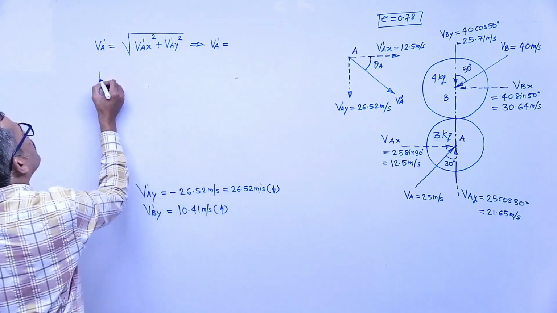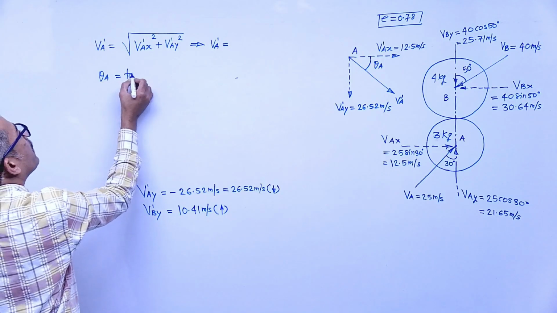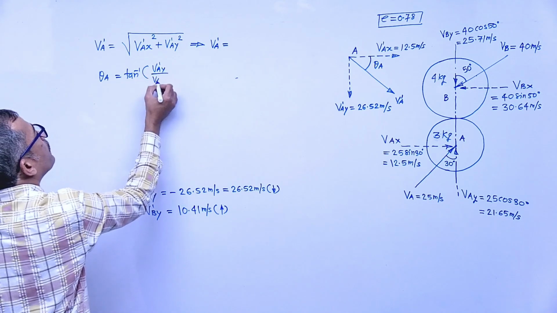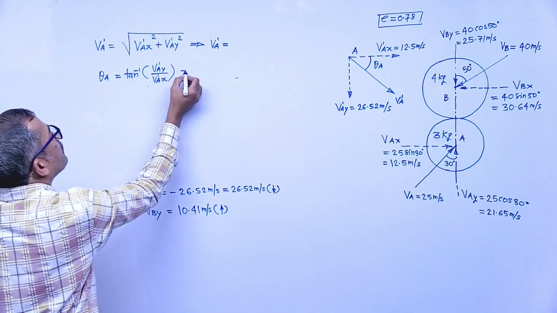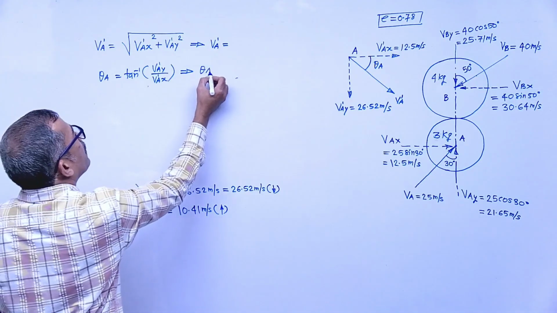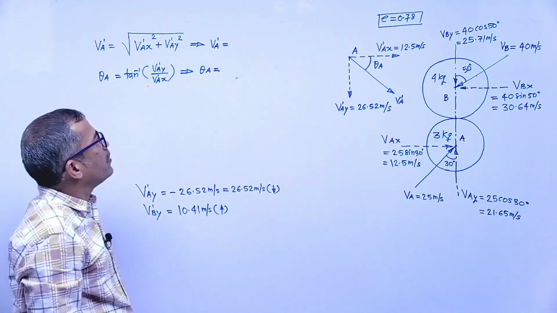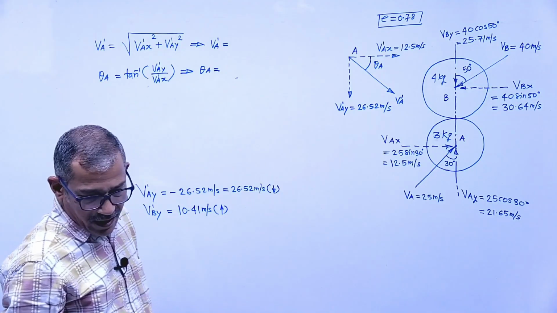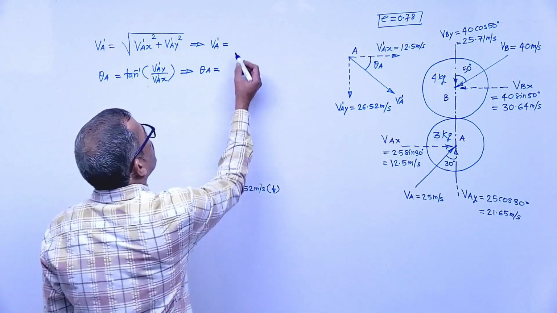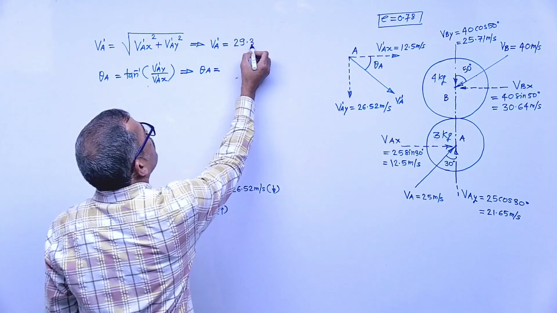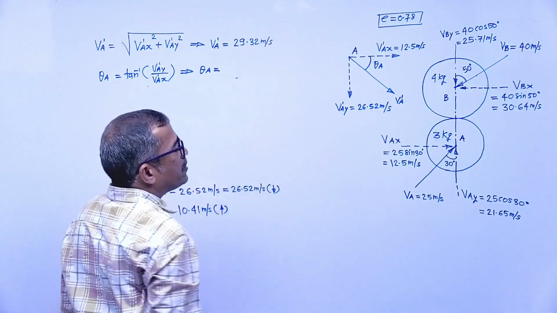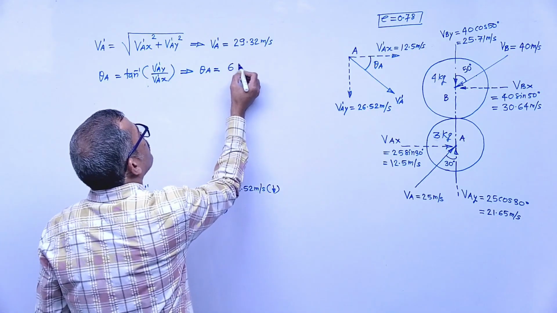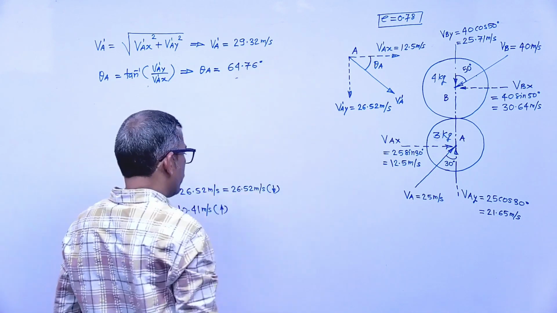Theta A is tan inverse of VA dash y upon VA dash x, the inclination of the body with horizontal. VA dash is 29.32 meters per second. What is the inclination of velocity? Theta is 64.76 degrees. All of you write the same answer.